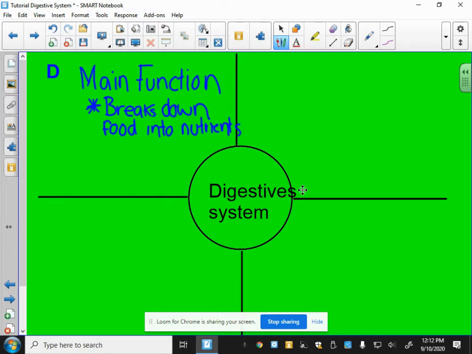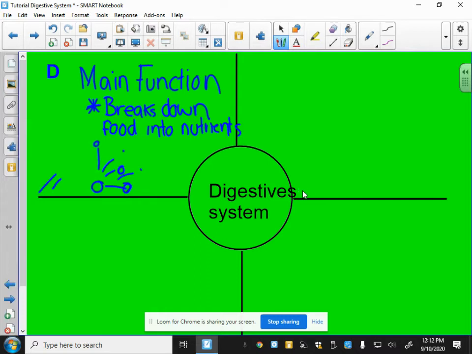All right, then let's just draw a little illustration so that we can have a picture connected to the fact. So for me, I see a bunch of little pieces of stuff lying around that represent being broken down into smaller pieces.